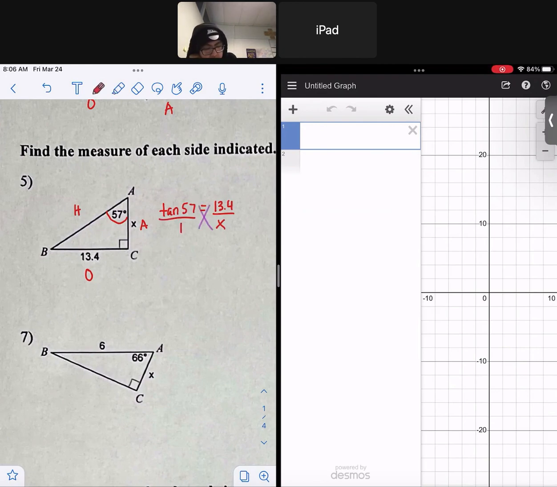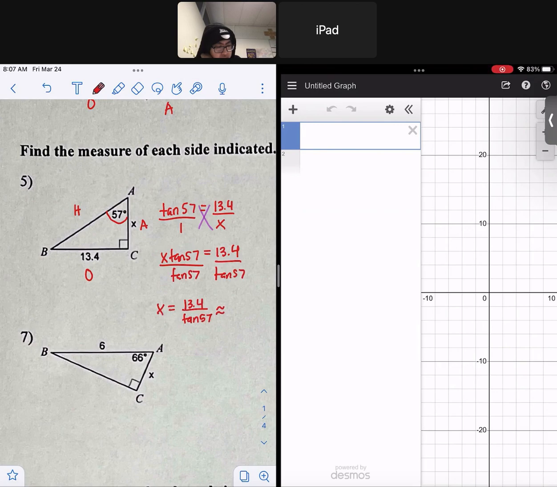Cross multiply. X tan 57 equals 13.4. Now remember, we need to isolate x, so we need to get rid of this tan 57. Divide both sides by tan 57. So x equals 13.4 over tan 57.